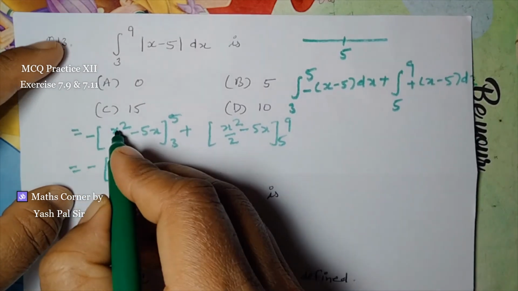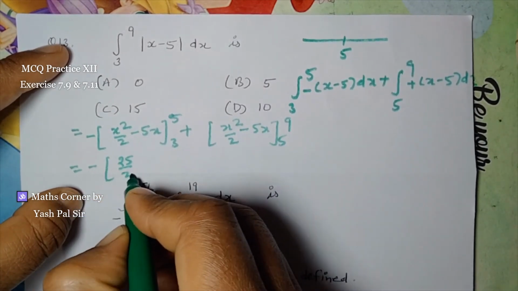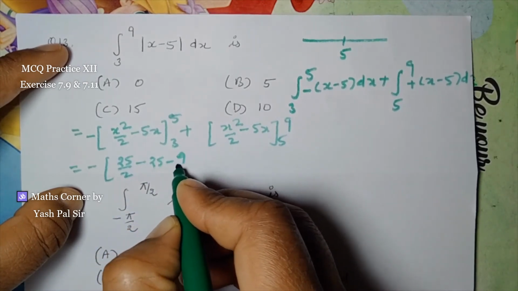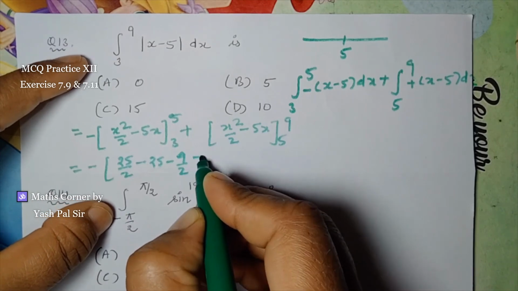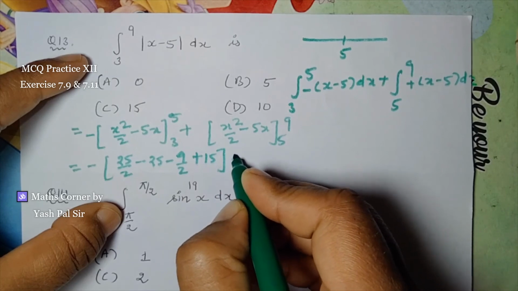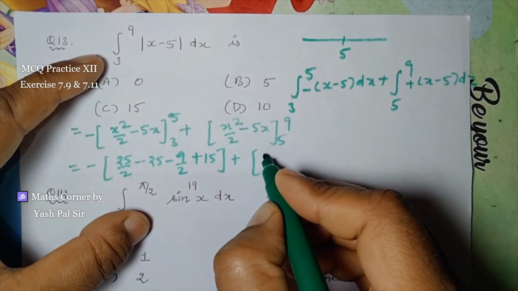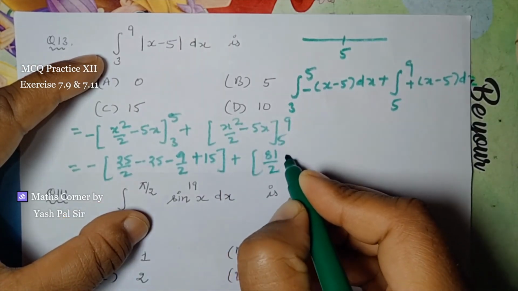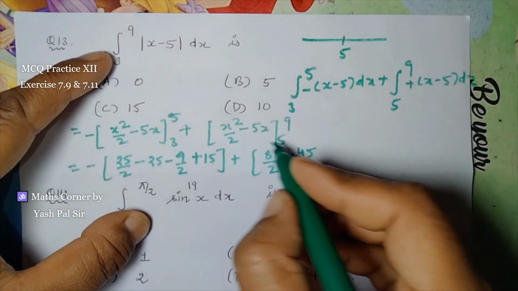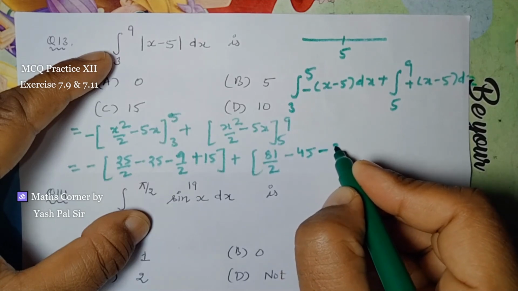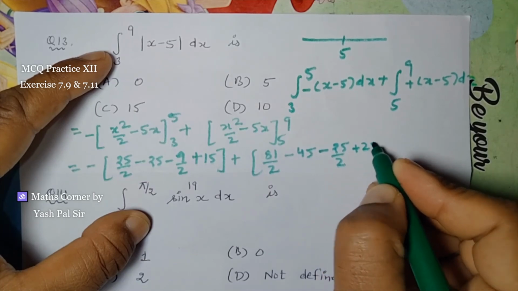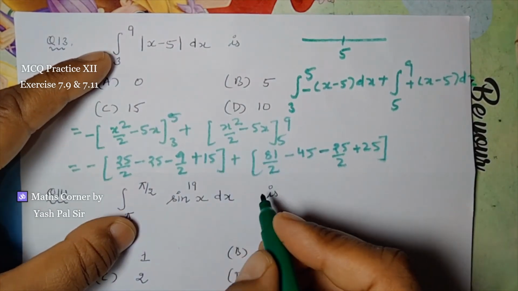So we solve now, minus is outside, 25 upon 2 minus 25, minus 3 into 3, 9 upon 2, minus, minus plus 5 into 3 is 15, plus 9, 81 upon 2 minus 9 into 5 is 45, minus 5 into 5, 25 upon 2 minus, minus plus 25, right?